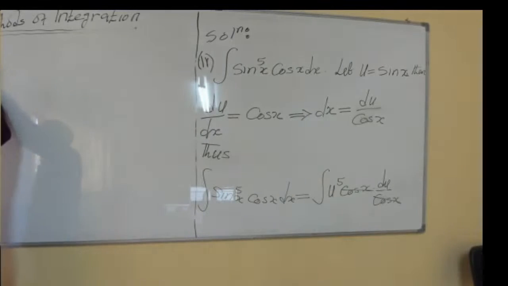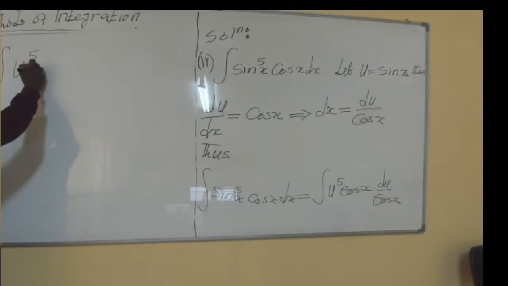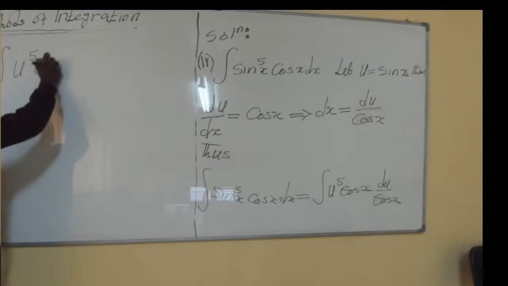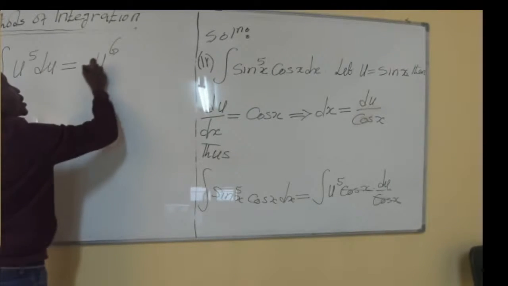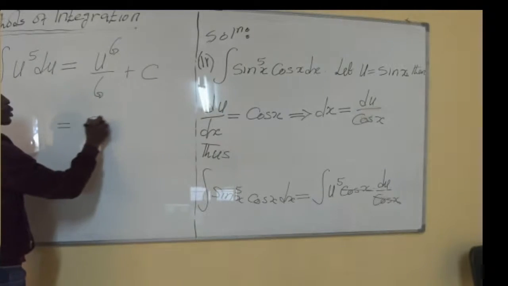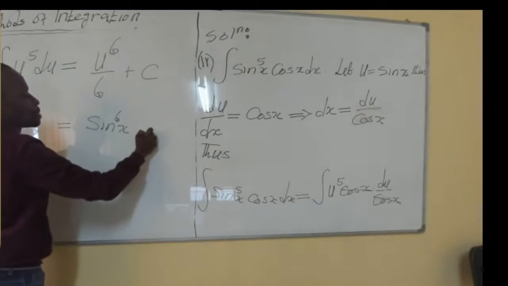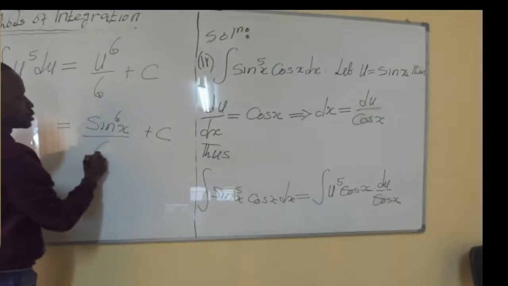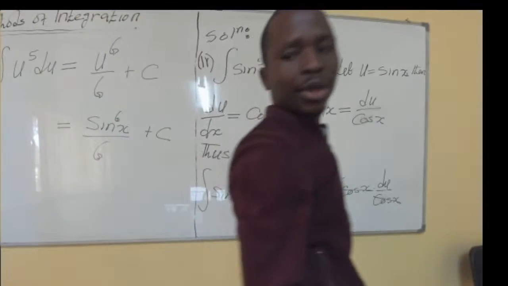Then what we're going to have is the integral of u power 5 du, which gives us u power 6 over 6 plus c. But our u is sine of x, so this is equal to sine of x power 6 over 6 plus c. Okay, so you are done with your work.